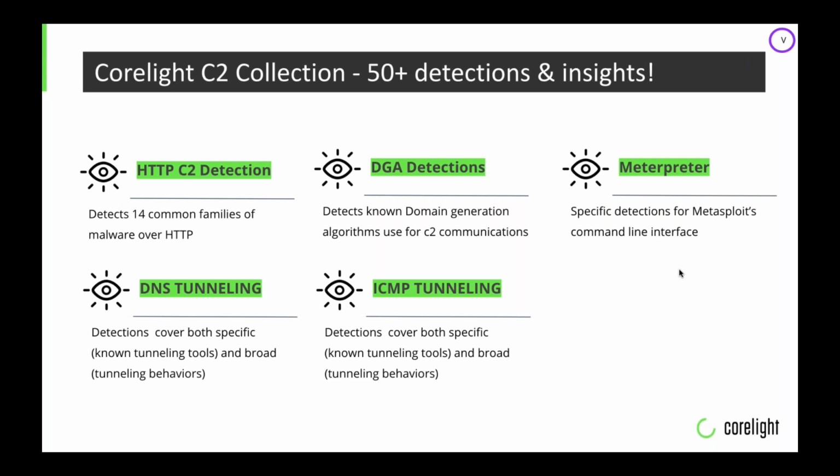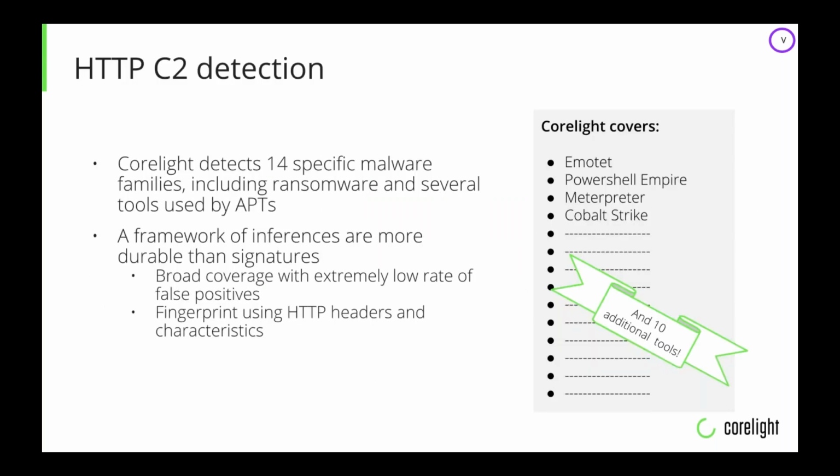And then we'll talk a little bit about what those look like as they come out. So I'll just give a quick highlight here. HTTP C2 detection, domain generation algorithms, a specific interpreter detection, and DNS and ICMP tunneling. So there's a great set of interesting stuff here, and let's dive into each one of these one by one as we walk through.